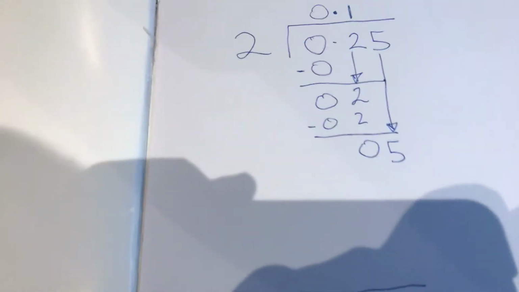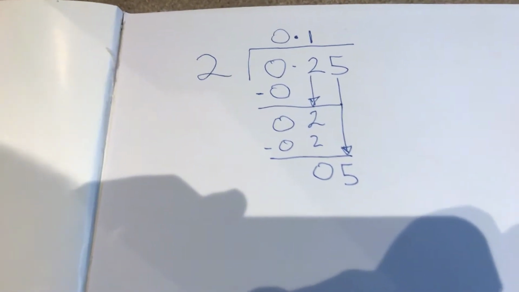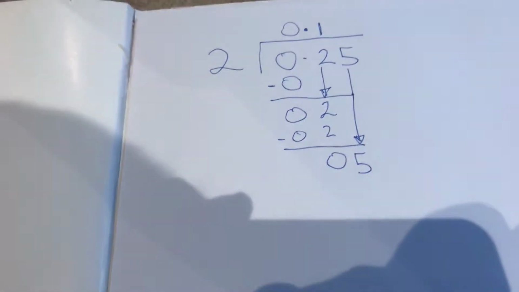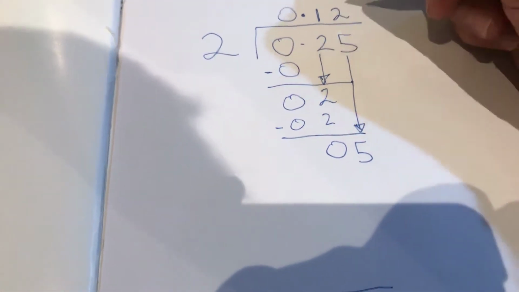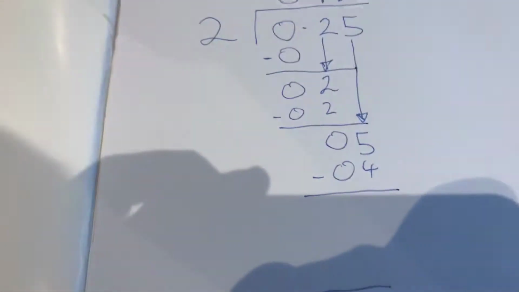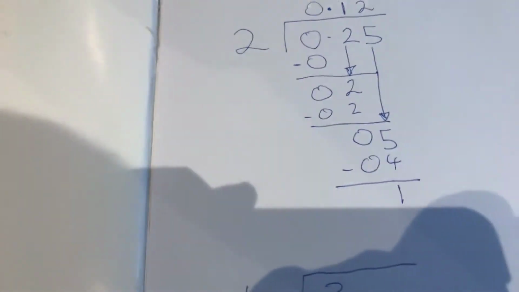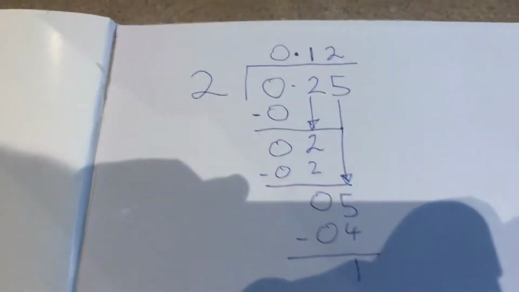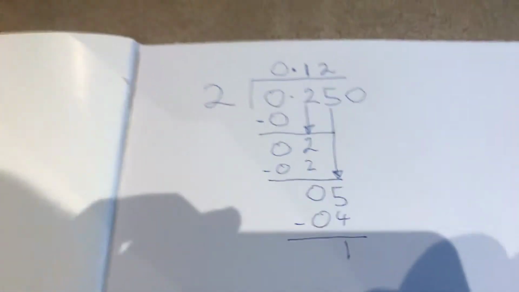You might do it a different way, but this is just how I learned how to do long division. So how many 2's go into 5? Well, at least 2 do. 2 2's are 4, so I can put 2 up here, and put the 4 under there. So 5 subtract 4 gives me a leftover of 1. Now, what can I do now? It's 0.25. Oh, I can put a 0 here, can't I? It doesn't change the value of the number.